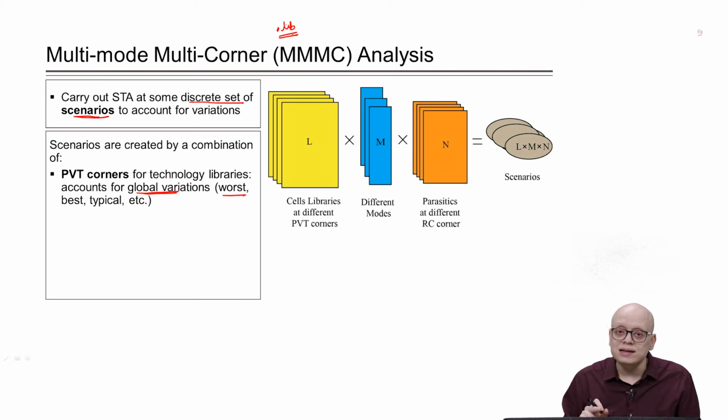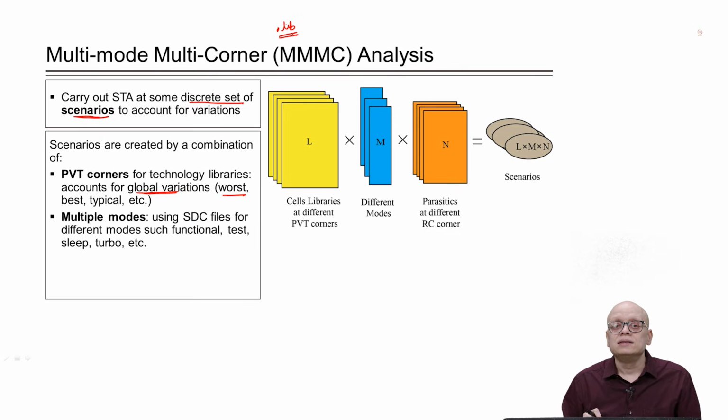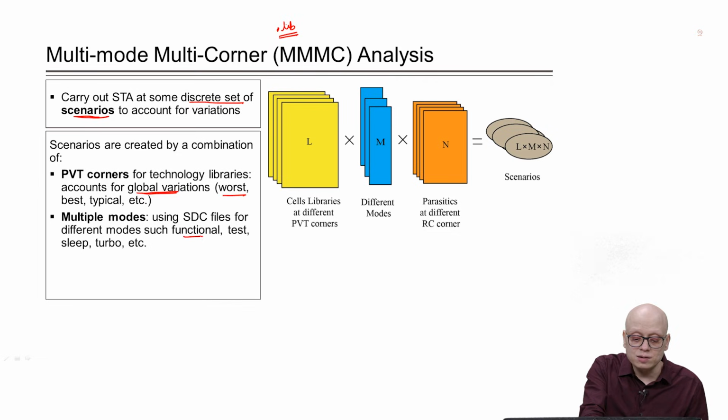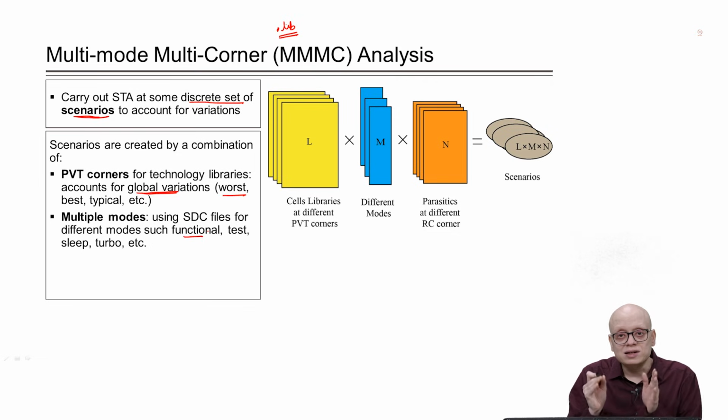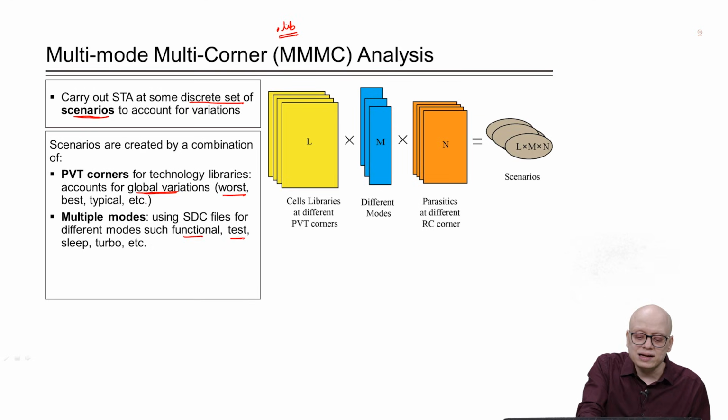So, the first thing is the set of libraries for various PVT corners, and the second thing is the multiple modes of our design. Our design may be working in various kinds of modes. For example, it can work in a functional mode, carrying out the normal functionality of our design, or it is working in a test mode, going for, say, DFT, or it is in the sleep mode.